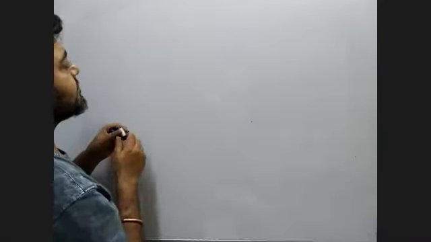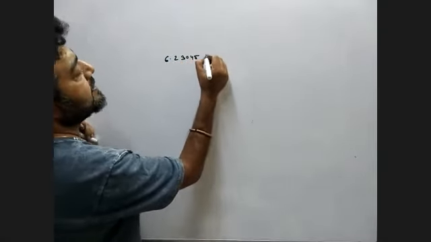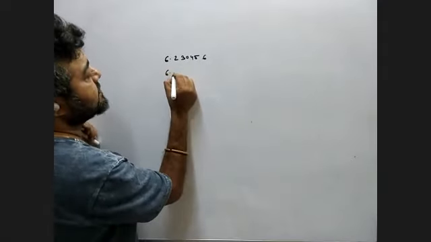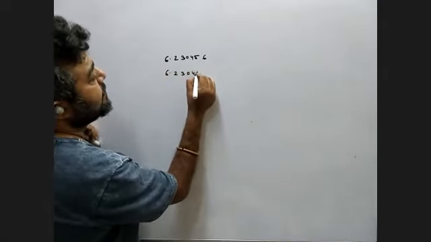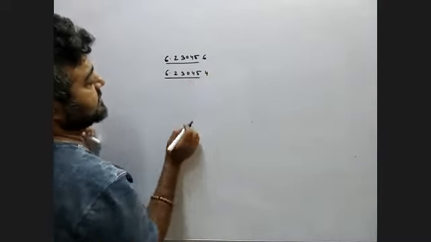That means, check the digit after the point up to which you have to round off. If the next digit is greater than 5, then add 1; if it is less than 5, then keep it as it is. Clear? For example, if I show you 6.23045, suppose you have to round off up to this.